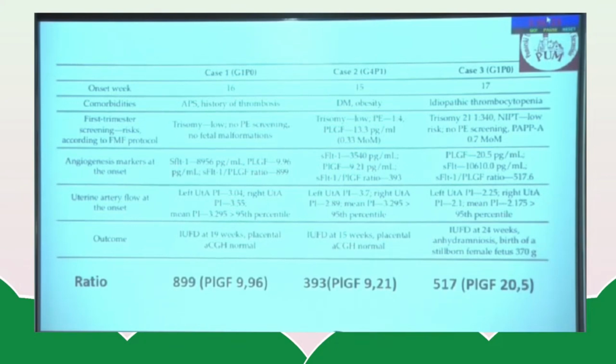Most commonly they presented intrauterine fetal death, but all of these patients, who had changes in the uterine arteries and some suspected placental insufficiency, had a disturbance in angiogenesis markers. These disturbances were really huge. Look, the ratio is over 800, over 300.